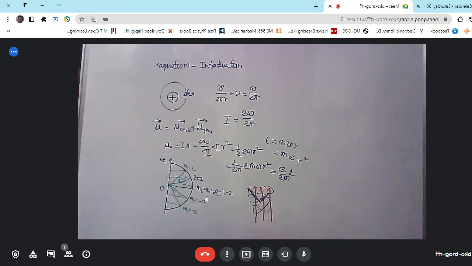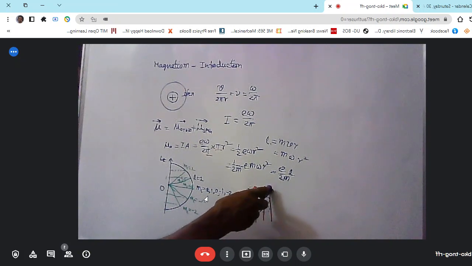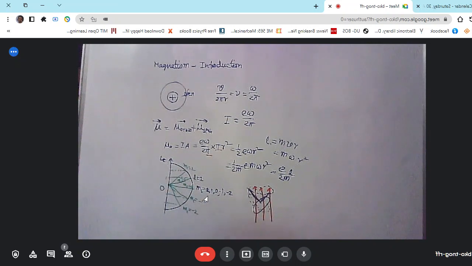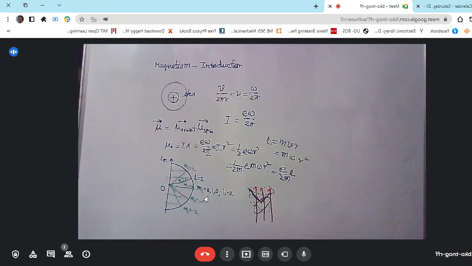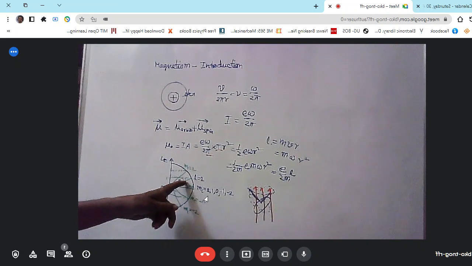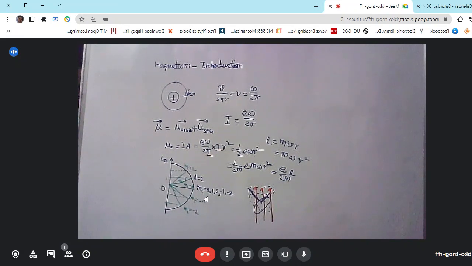Now for this circle, its z component of the angular momentum will be given by ML. Its value is plus 2, plus 1, 0, minus 1 and minus 2. These 5 values are provided if L equals to 2. If L equals to 1, then its ML will be minus 1, 0, plus 1.